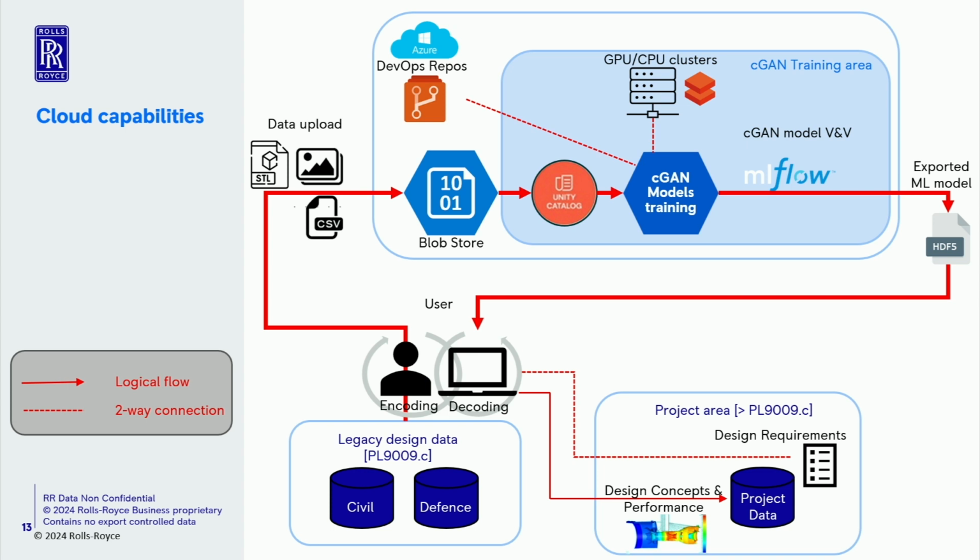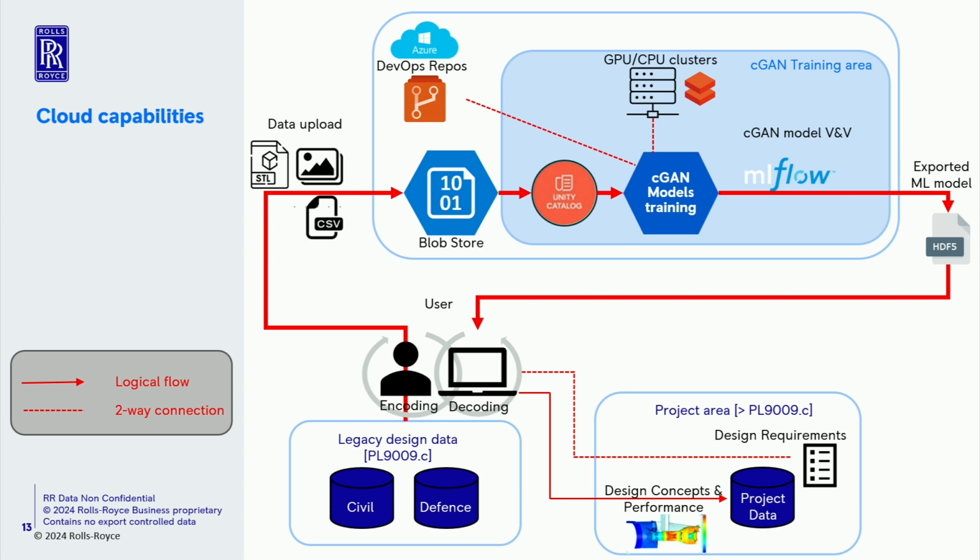For example, the data that we try to push forward on the cloud, we consider what PL909C is, an export classification within Rolls-Royce, which basically means that data is dual-use data. It's more civil-based data or something that can be used across Rolls-Royce. It doesn't contain any sensitive information.